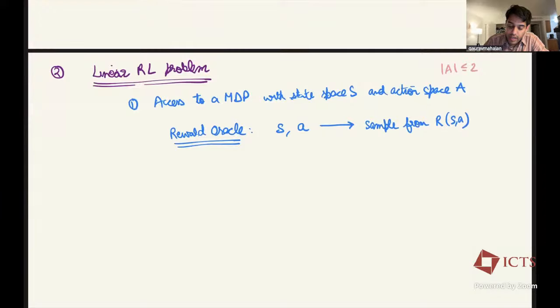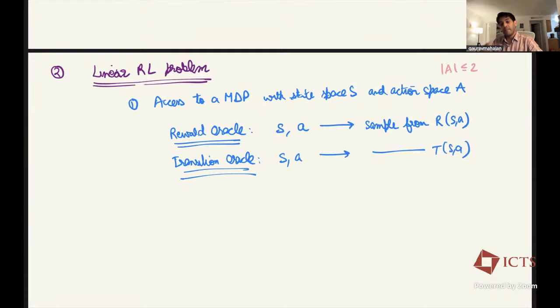Another is an oracle for the transition function, which given a state and action gives you a sample from the transition function. Actually, I can even assume this is deterministic. So you don't get a sample from some distribution, it's just a single state. That makes the problem somewhat simpler.